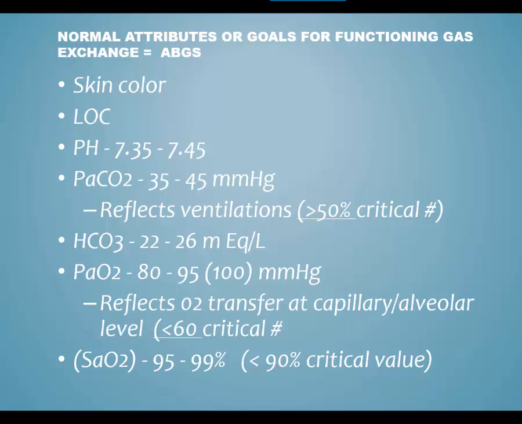The PaO2 reflects oxygen transfer at the capillary alveolar level, and the SaO2 is what we correlate with the SpO2, which is our pulse oximetry. This is where 90% is a critical value. So if a patient with lung problems has an SaO2 or SpO2 of 88 and has PRN or supplemental oxygen ordered, what would you do?